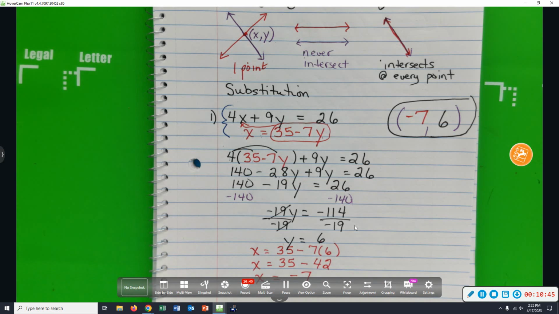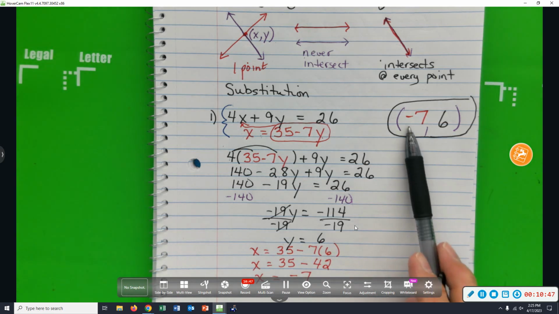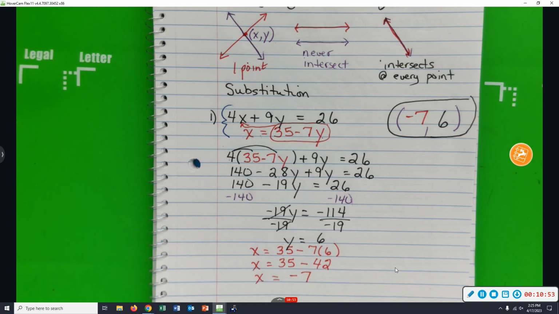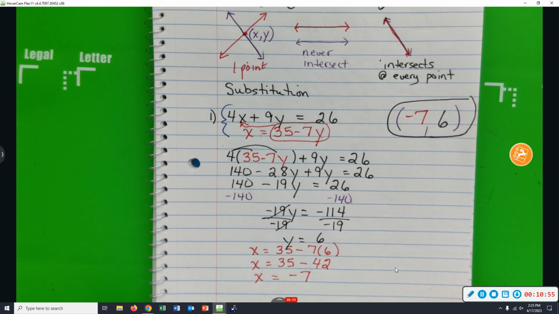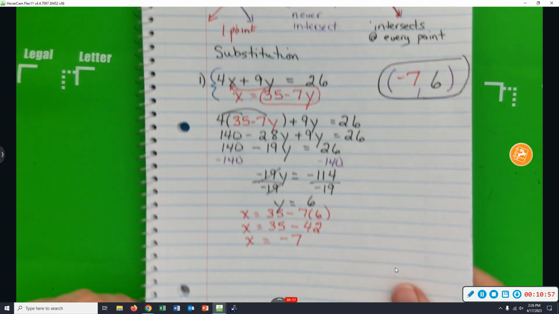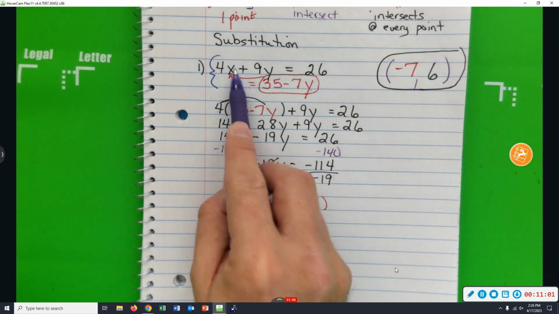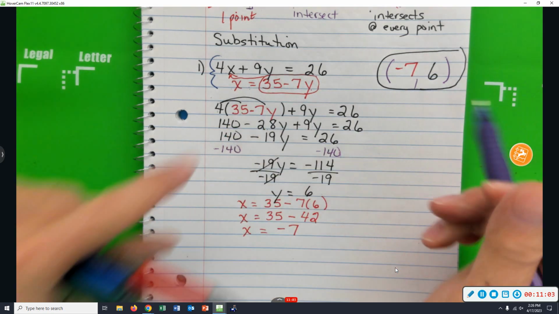Now, there is a nice way you can check these. You can't even see my writing there. Sorry about that. There's a nice way to check these. These solutions should make both statements true.